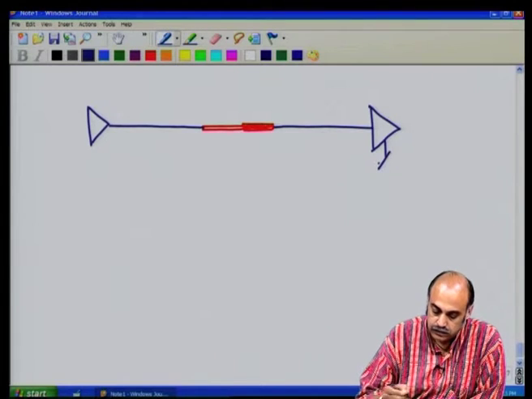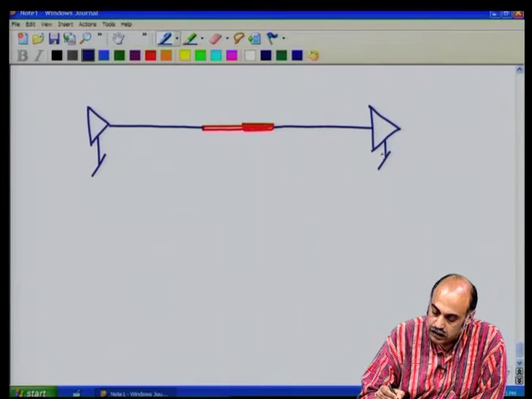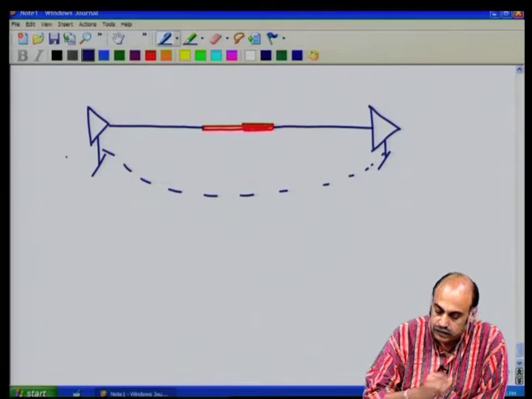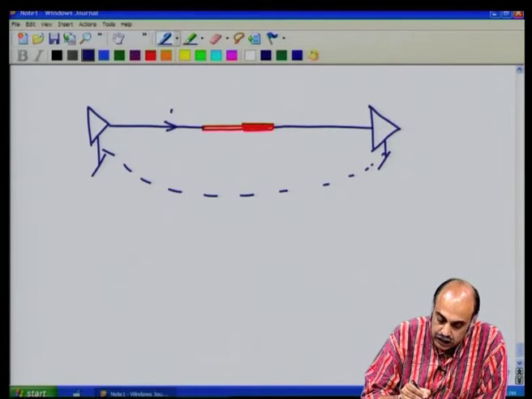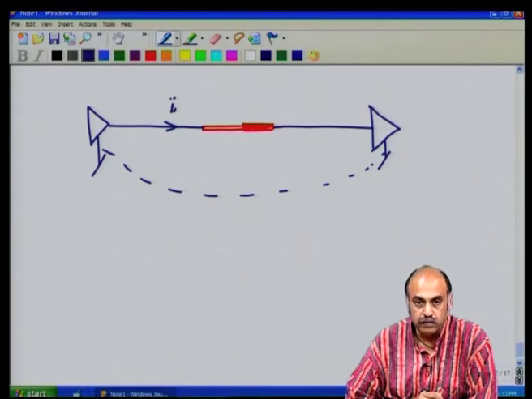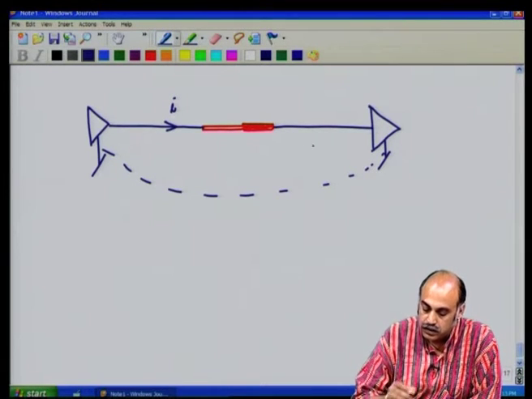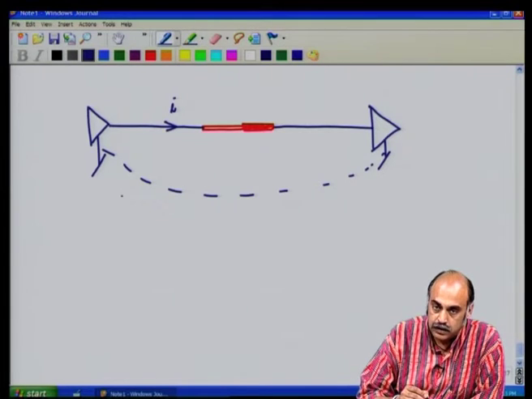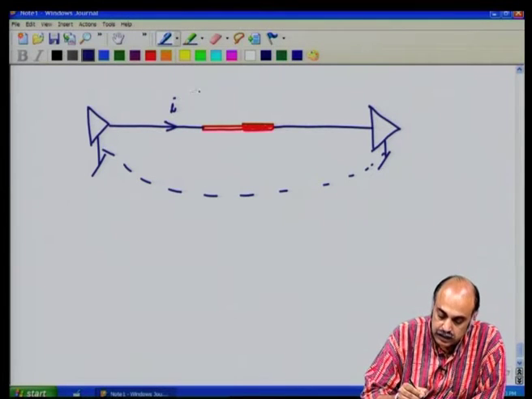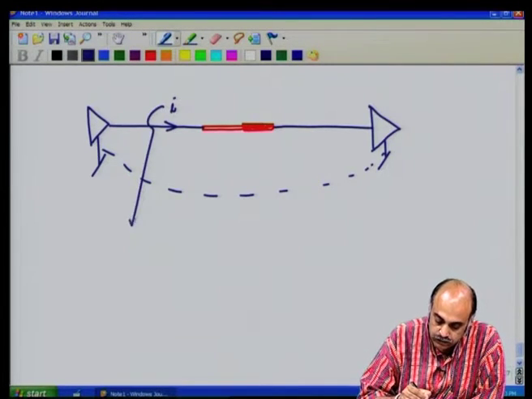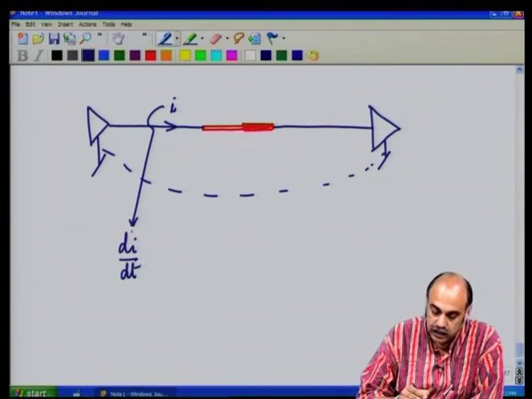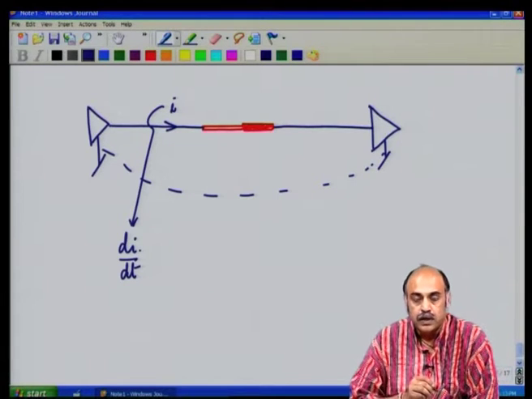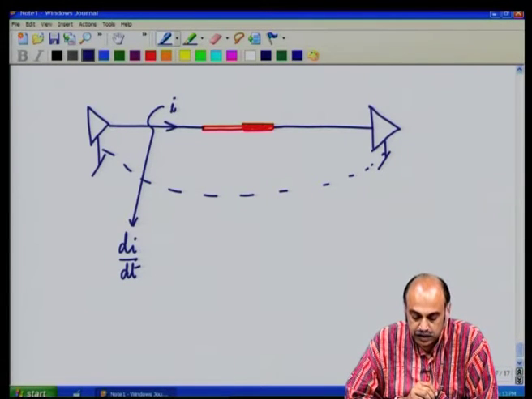Of course, you have a ground, and there is a ground return path somewhere. Now, the current I, which is being driven from the source side into the load side, and the di by dt of this is one major culprit. So, if you can reduce this di by dt, then the crosstalk can significantly be reduced.